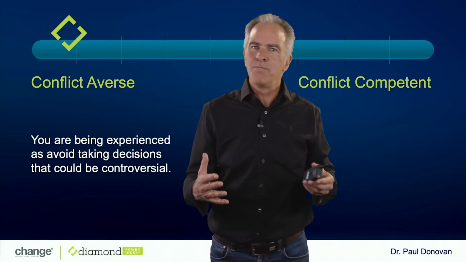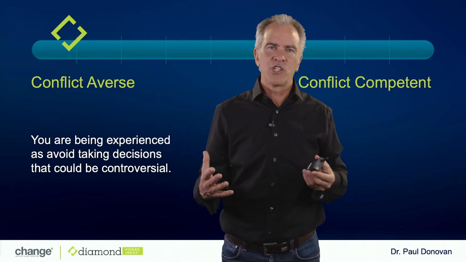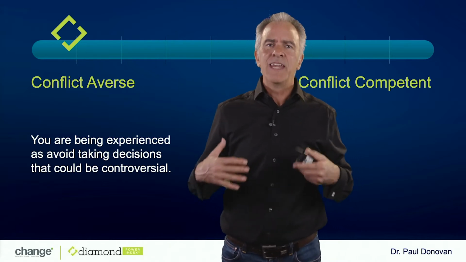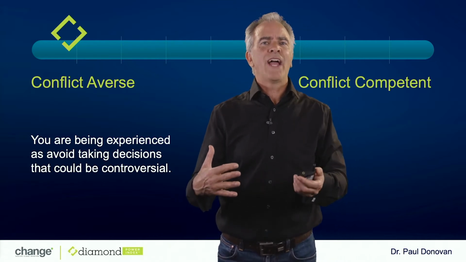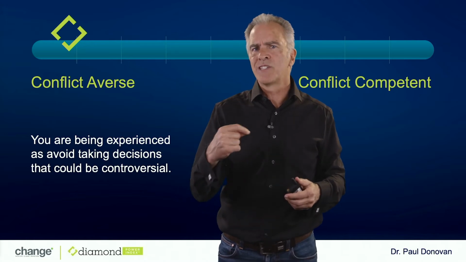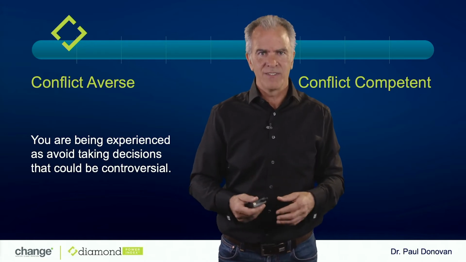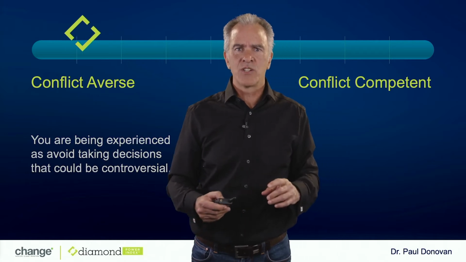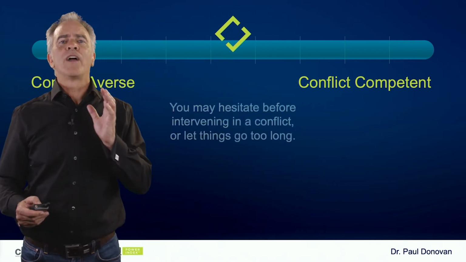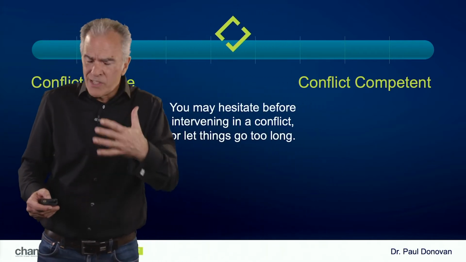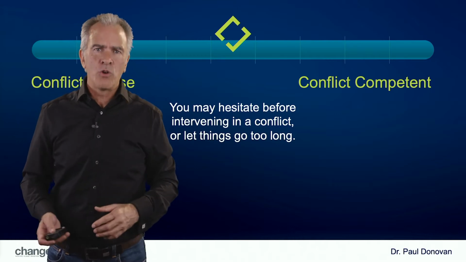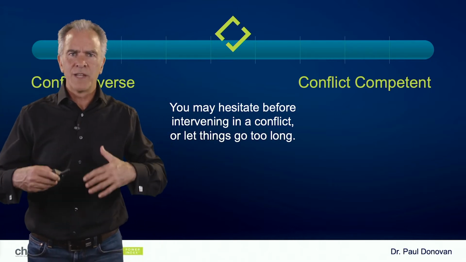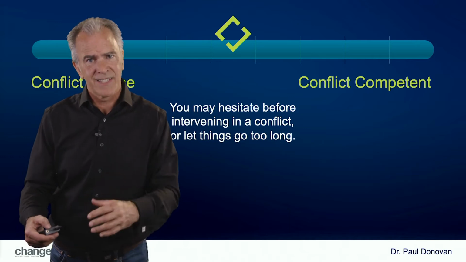And my own research shows this: in many areas where teams and businesses need to act, they don't, they're actually withholding their actions because of associated interpersonal tensions. So you may be dithering in areas where you associate such tensions to be present. If you are experienced as being in the middle, you do step in, but you're taking a little long to do it. Others are suffering because of your inability to step in when you sense it's there.